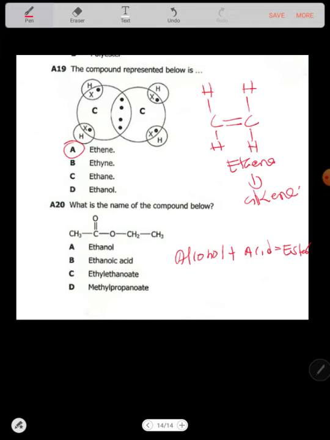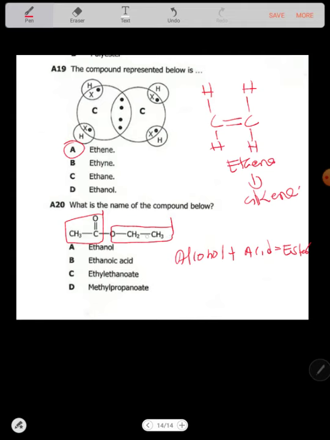Now, how is the name going to come? This part here comes from an alcohol. This part here comes from an acid. Okay, so this part here is ethanol.